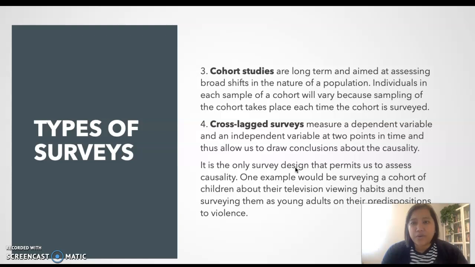And then we have cohort studies, which are long-term and aim at assessing broad shifts in the nature of a population. Now here, individuals in each sample of a cohort will vary because sampling of the cohort takes place each time the cohort is surveyed. So when we're talking about cohort, think of, for instance, the class of 2021.